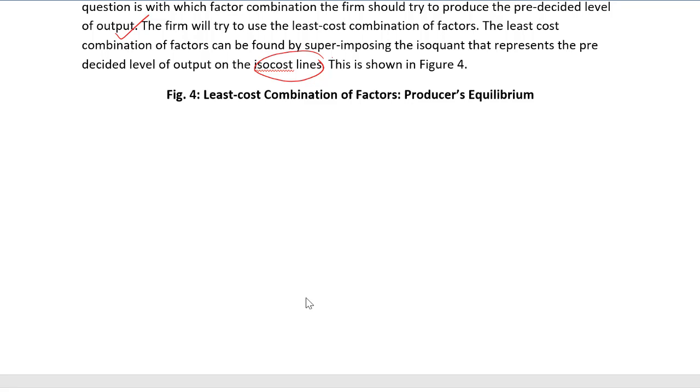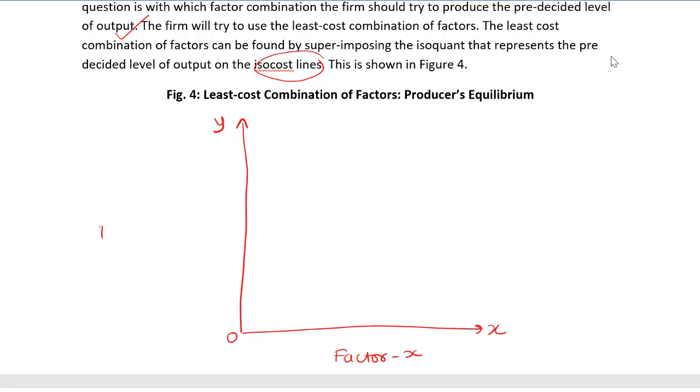Just see this diagram, this graph. On the X axis we are showing factor X. On the Y axis we are showing factor Y. This is combination L, L1.